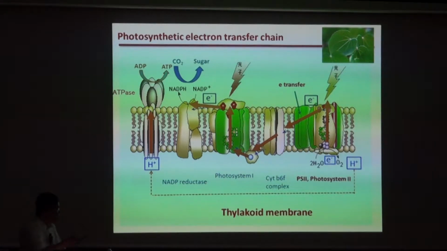In this membrane, there are a number of membrane-protein complexes, one of which is photosystem 2. This complex catalyzes water splitting and produces oxygen. So we are interested in the structure and functional analysis of this protein complex in order to see how water splitting occurs.